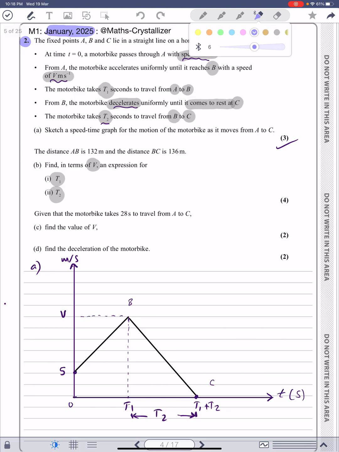The distance from A to B means the area under the graph from A to B, which is the trapezium that I'm just shading. The distance is the area of the trapezium. The trapezium has two bases, which are 5 and V, and the height of the trapezium is T1.